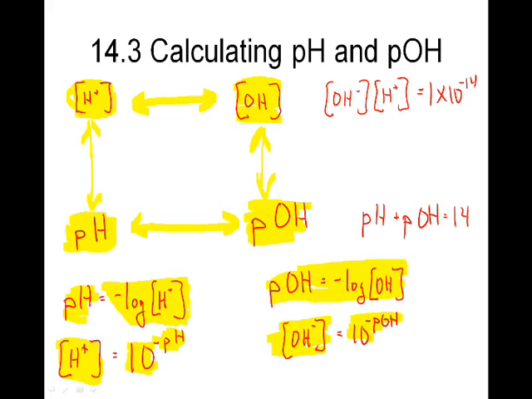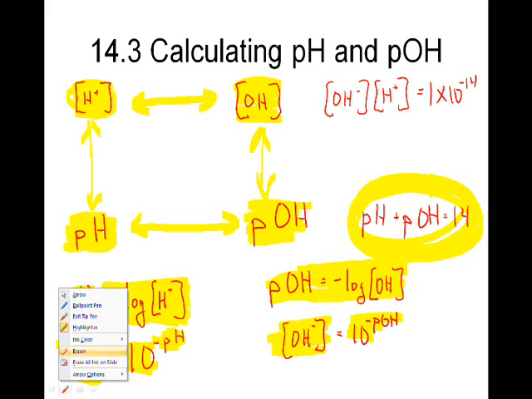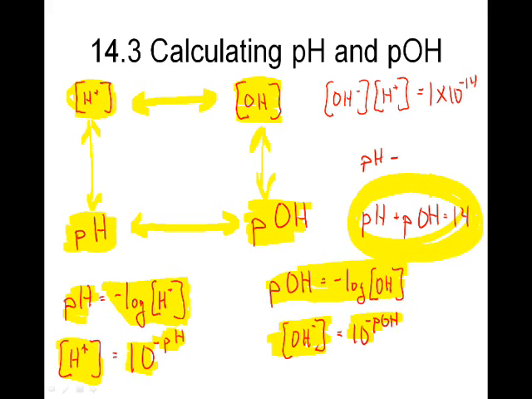Also keep in mind that pH and pOH add together always to make 14. And that turns out to be true even in those cases where maybe pH is something like -1. Well, guess what pOH has to be?